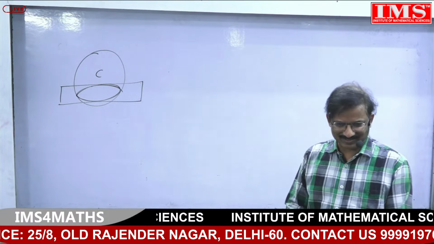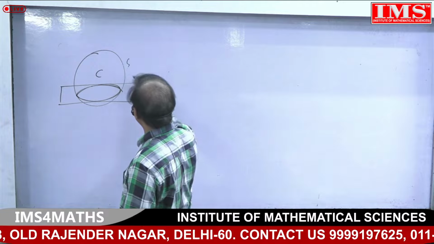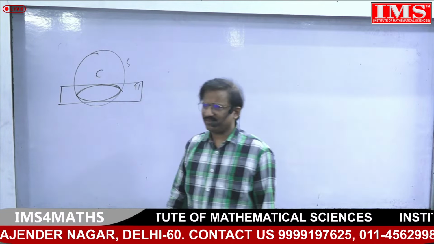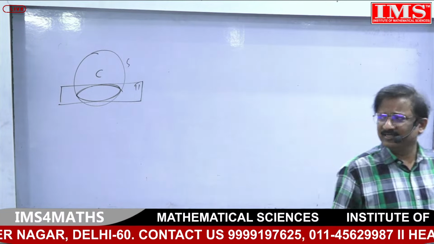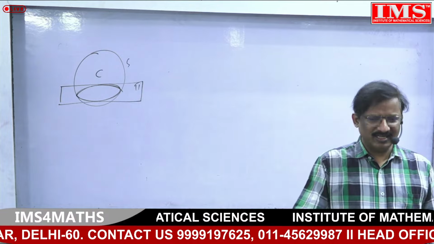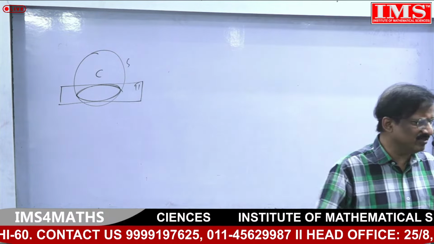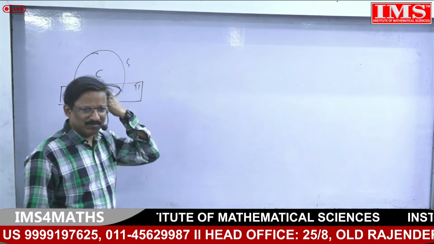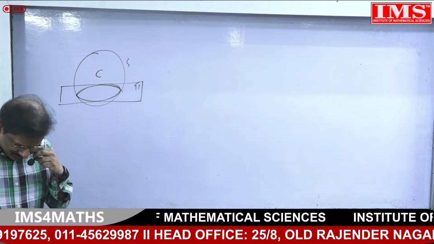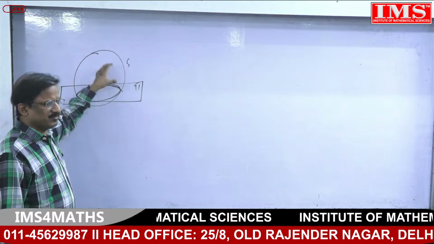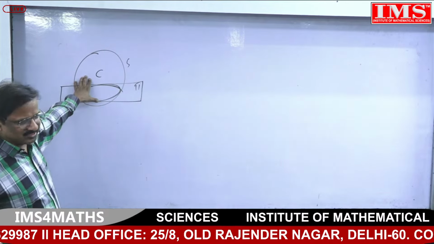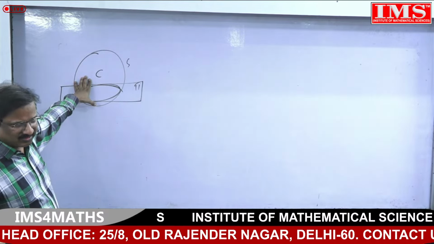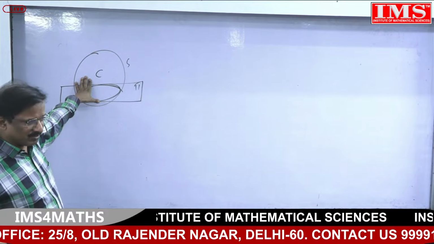Two equations. One is the sphere, another is the plane. But in 2D geometry, a circle is represented by one equation. In 3D, a circle is represented by a sphere and a plane. If this plane cuts a sphere through its center, such a circle is known as a great circle.